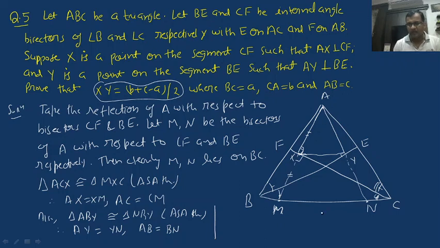Now look at triangle AMN. In triangle AMN, X is the midpoint of AM and Y is the midpoint of AN. So by the midpoint theorem, XY equals half of MN.